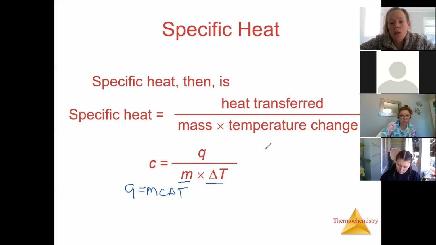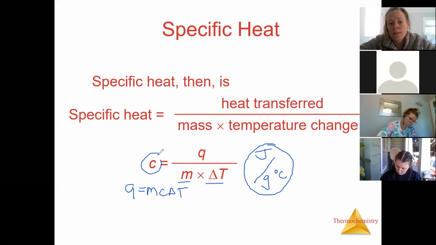Now the units of Q are joules, the units of mass are grams, and the units of temperature are degrees Celsius. So this is the unit for specific heat. It's a funky unit. Sometimes it's also written as calorie per gram degree Celsius if we're using calories instead of joules.